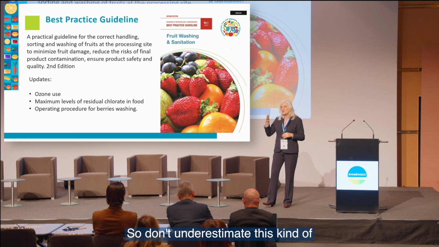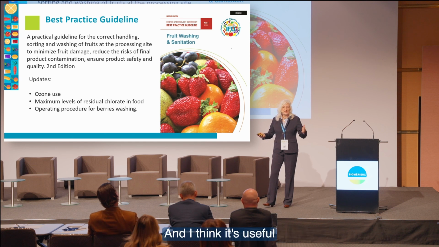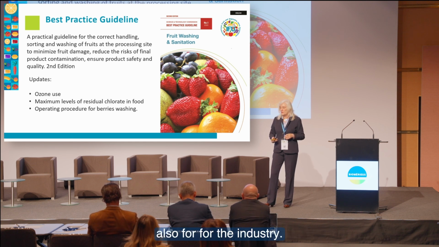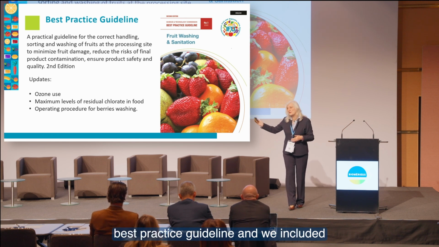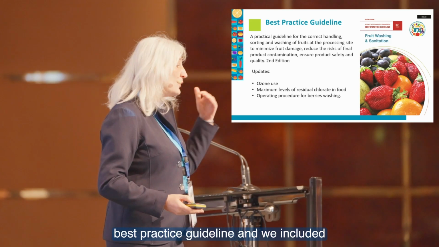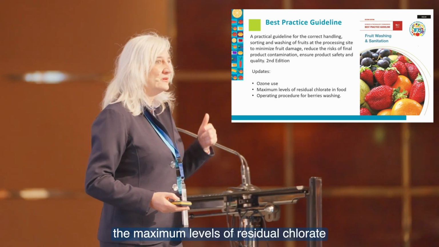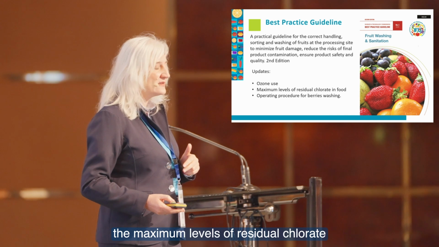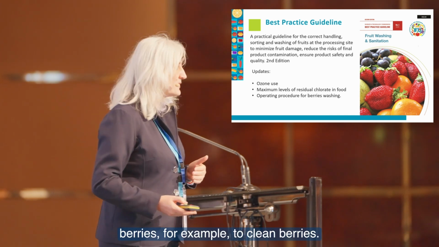So don't underestimate this kind of information, because it will be available, and I think it's useful also for the industry. For example, we have revised this best practice guideline, and we included some updates like the use of ozone, the maximum levels of residual chlorate in food, and the operation procedures for berries, for example, to clean berries.